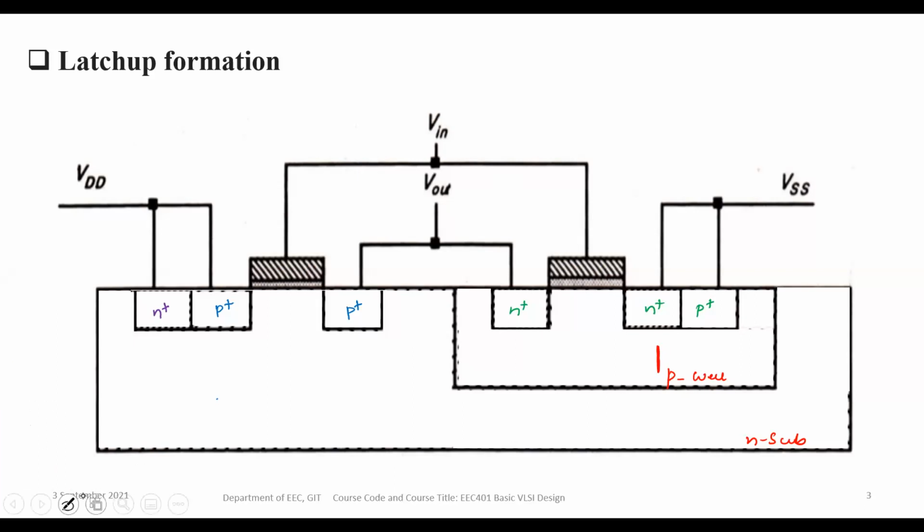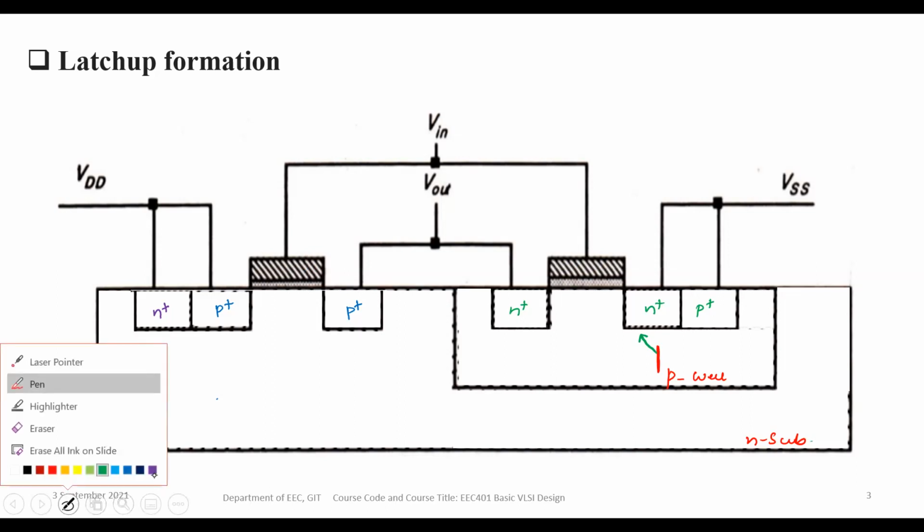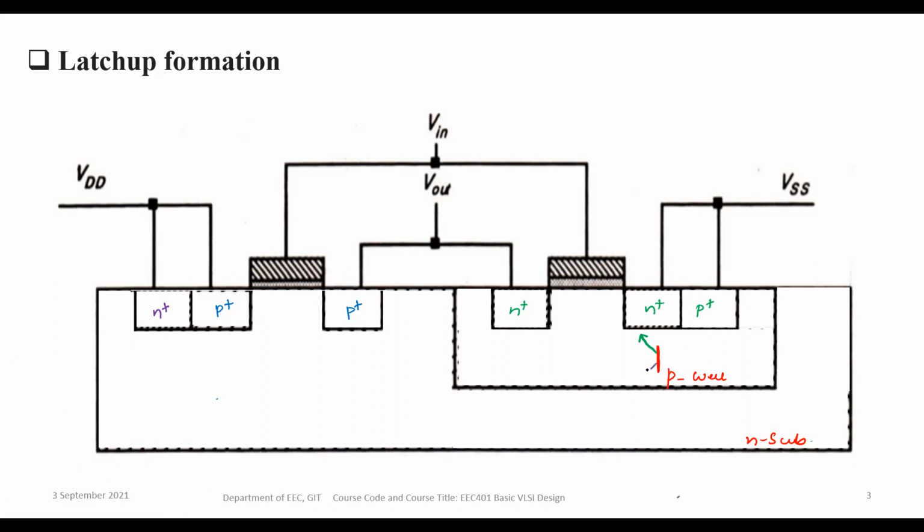This N plus will act as the emitter of the bipolar junction transistor. This N substrate will act as the collector.